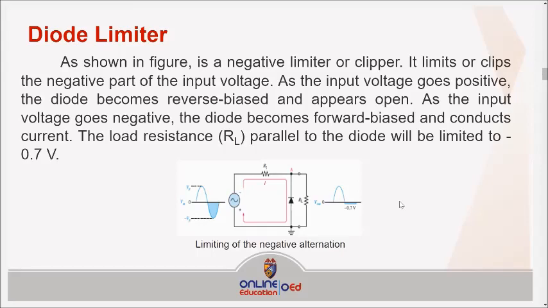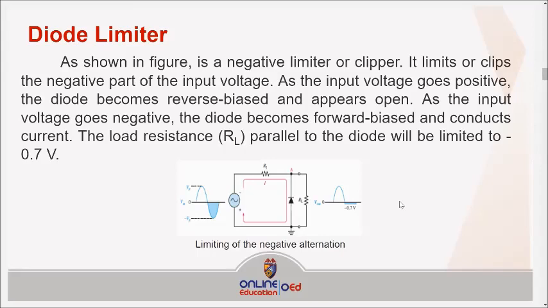Nagkakaroon siya ng reverse bias, then nagiging open na siya. Kumbaga, nawawala na yung connection. Then, as the input goes negative naman, the diode becomes forward bias, nagkakonduct na siya ng current. Kaya makikita nyo sa figure or sa sinusoidal waveform, ang naklip is yung negative 0.7 volts.